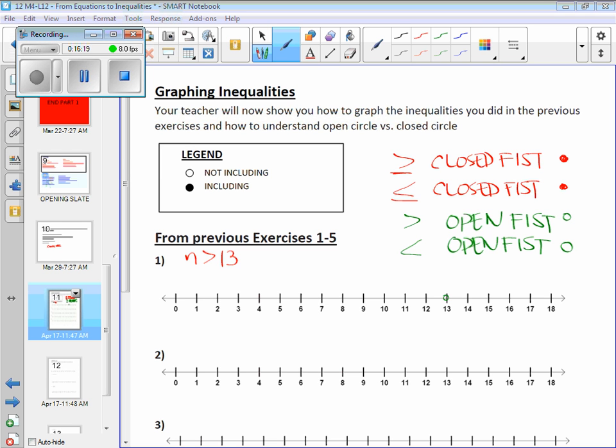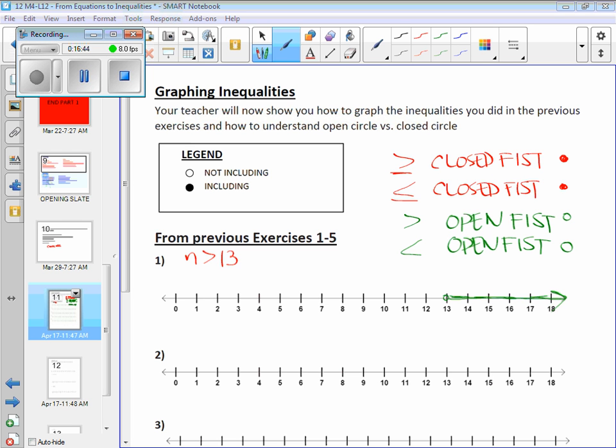What about 13.1? What about 15.8? So everything to the right of my open circle, it would be true for. So I make a line following an arrow because the arrow is determining that it's every integer and rational number to infinity that's greater than, but not equal to, 13.